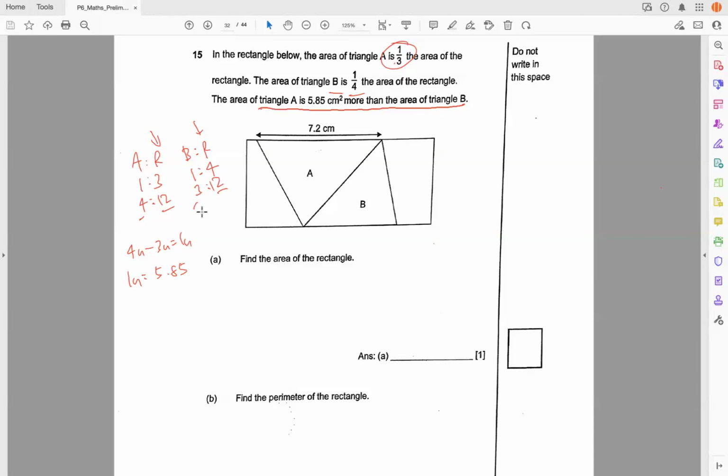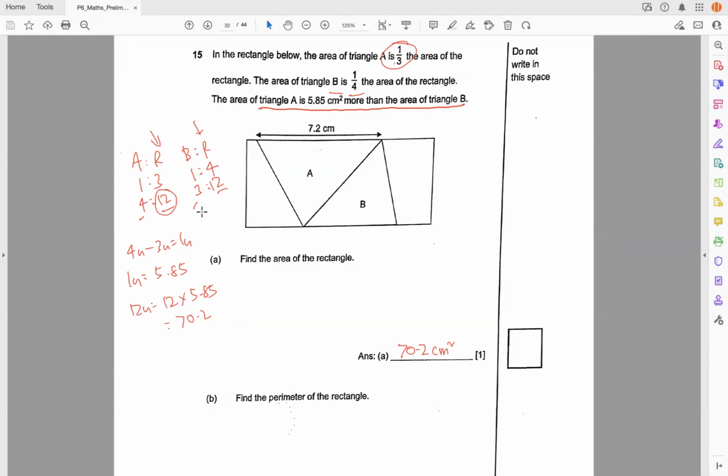What's the area of the rectangle? Rectangle is 12 units. So 12 units is 12 times 5.85. Answer is 70.2. Remember, write the units.